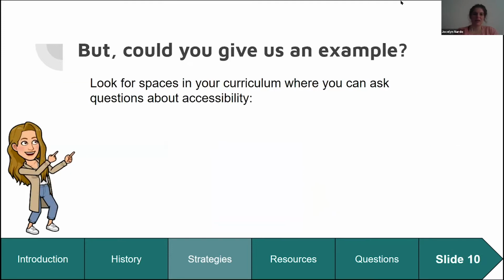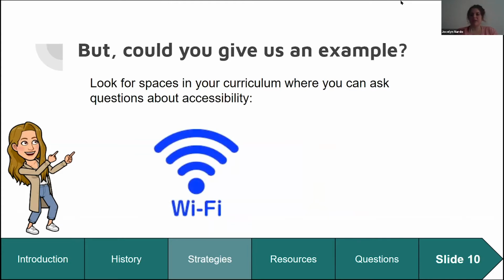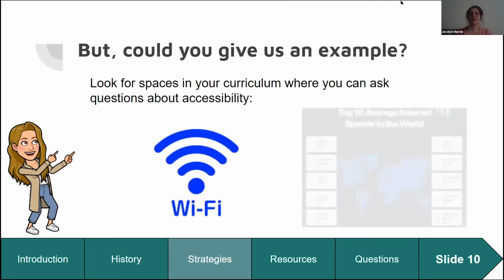I think a big example is trying to articulate topics within laboratory discussions, so asking questions about accessibility. For example, we talked about things like waves, right? So how does Wi-Fi work? And how do we create accessible Wi-Fi?